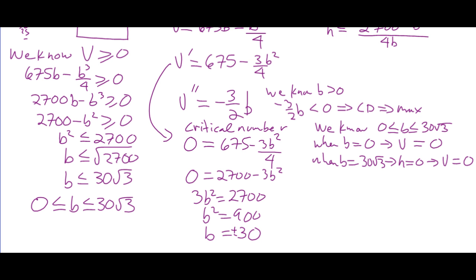Because we have to examine not only the critical numbers, at least the one that applies, so negative 30 doesn't apply as a critical number, it's just positive 30. We have to examine these two guys, right? Because we don't know what this thing looks like. Well, we do, sort of. Therefore, there is a maximum when b is equal to 30.